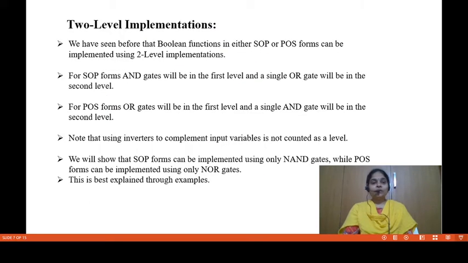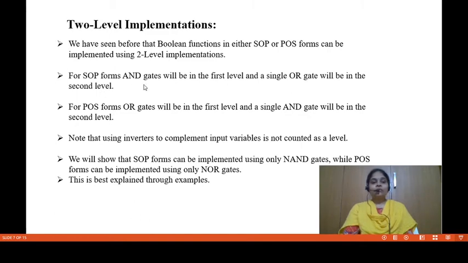Coming to the two-level implementations, we have seen before that Boolean functions in either SOP or POS forms can be implemented using two-level implementations. We saw in the last videos how Boolean functions in either SOP or POS forms can be implemented by using AND gates and OR gates, right?